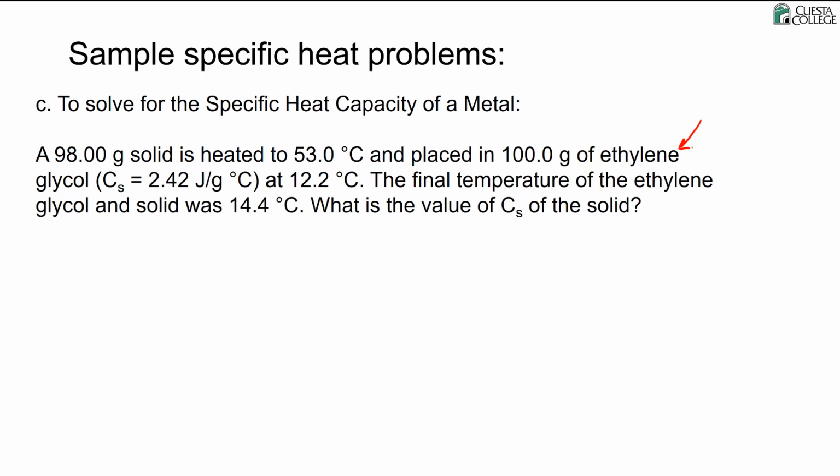Okay, here's the solution. We can calculate the Q of the ethylene glycol because we know its mass, 100 grams, times the delta T. In this case, it's 2.4 degrees Celsius. And we know its specific heat capacity value.